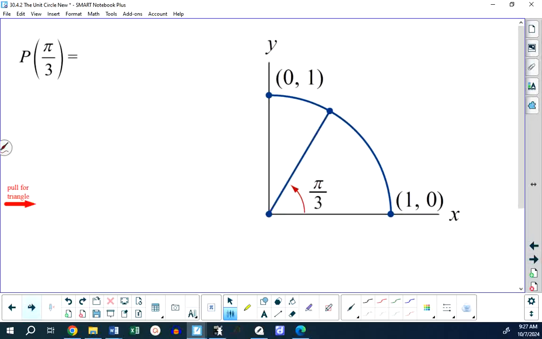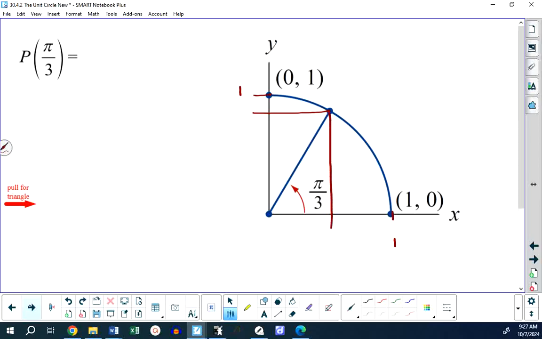Well, here what I would do is recognize, everybody, that it's not the root 2 over 2, root 2 over 2 situation, right? It's the 1/2 and root 3 over 2 situation. So look at it this way. This is 1. Does that look like a half? No. This is 1.